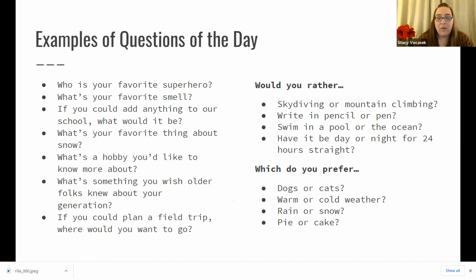The skydiving and mountain climbing question sent us into hysterics with my juniors, because I happen to live near an airport that does skydiving, but I also live near a cow farm, a dairy farm, and I was telling them this story and we just started laughing so much because the story just kept getting more and more involved, and then they were adding things and we were just all laughing and just had such a moment of joy.